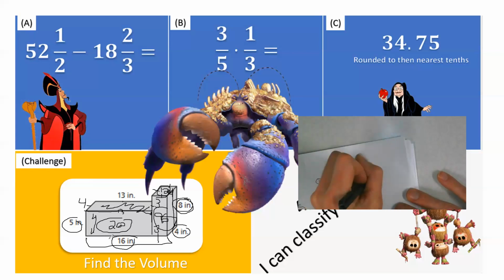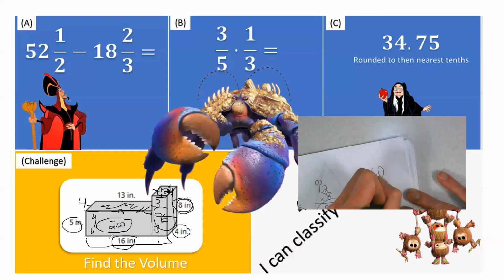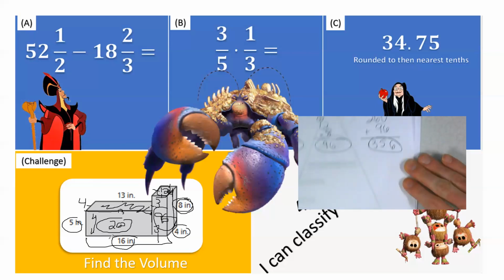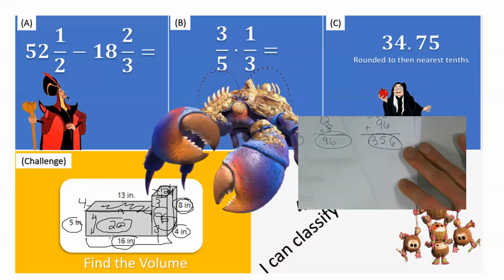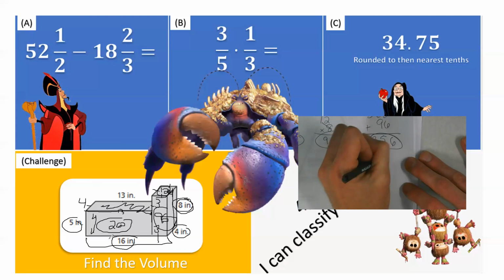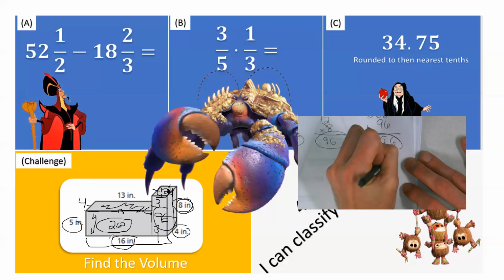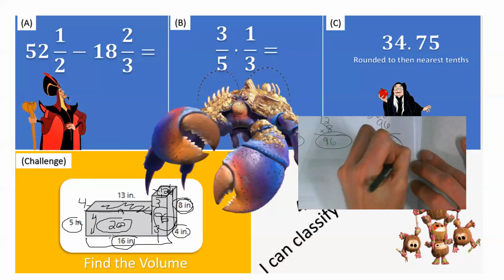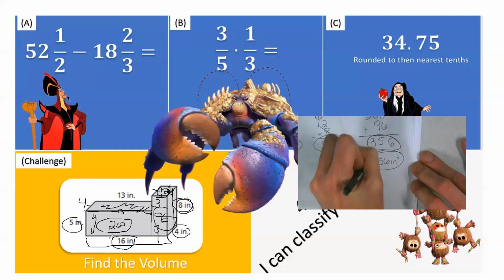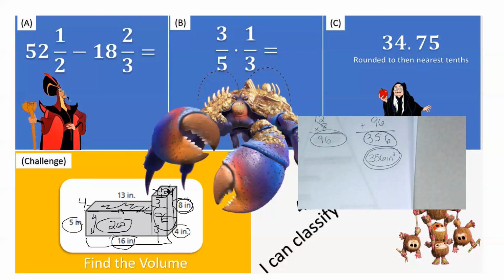So 260, 96. 6 plus nothing is 6. 9 plus 6 is 15. And 2 plus 1 is 3. So the whole thing has a volume of 356, and it's in inches. So it's 356 inches cubed, because it's 3-dimensional. It is volume. Cool? All right.